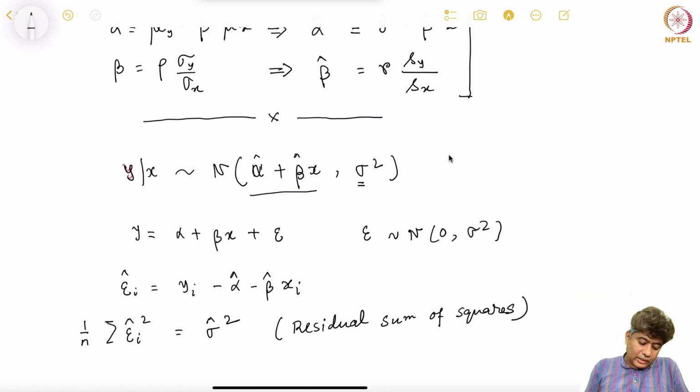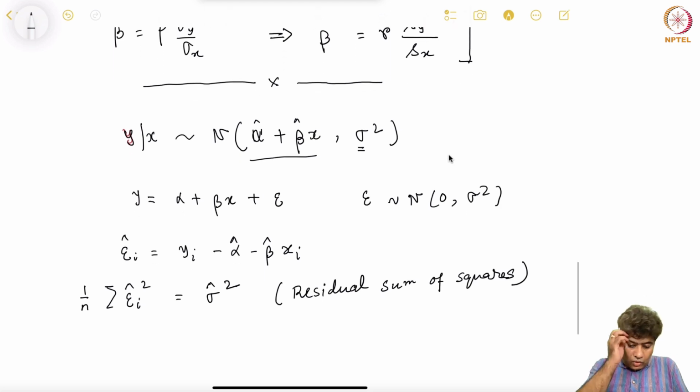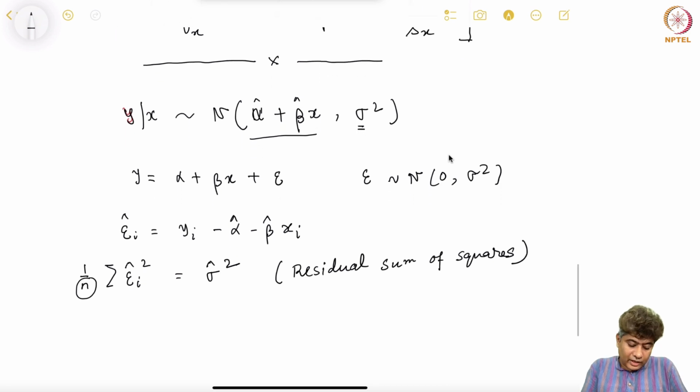Now I understand some of you may object here that I am using 1 by n as a denominator. In some of the books, the formula for the residual sum of squares is 1 over n minus 2 times the summation i equal to 1 to n of epsilon i hat square.